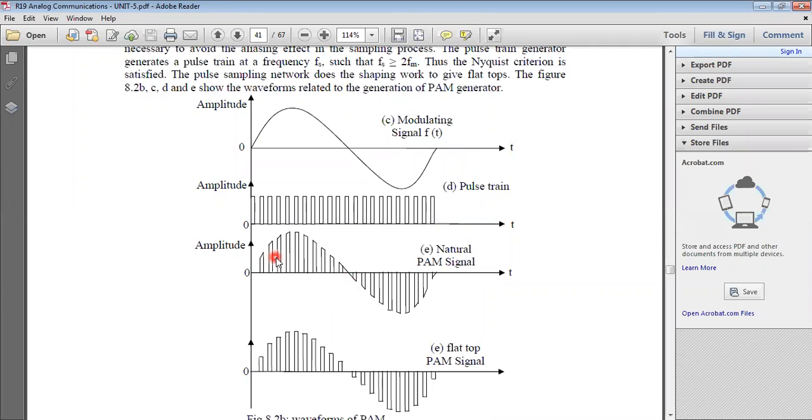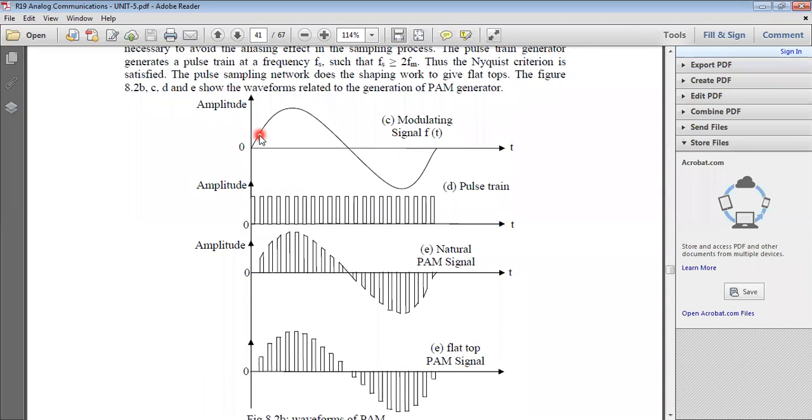If you observe this, the output signal is in the form of discrete pulses, and the amplitude of each pulse varies in accordance with the amplitude of the message signal or modulating signal.